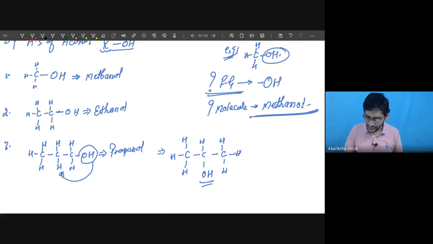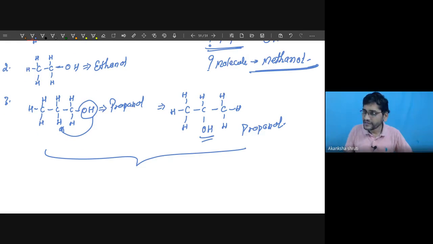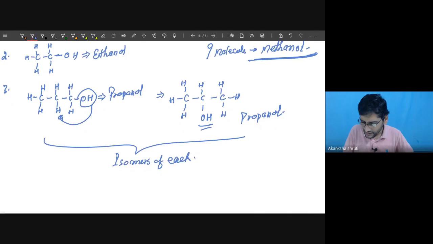So this is also propanol. Then how to differentiate this? For that we have learned the IUPAC nomenclature. Both are propanol, both are isomers of each other.